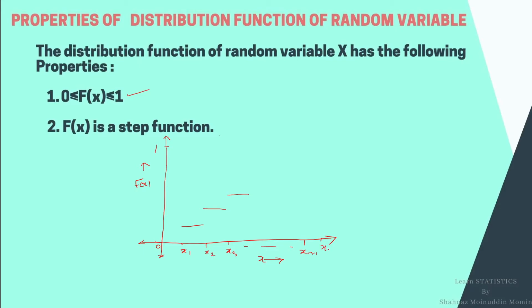At xn it is 1. If we plot the graph of CDF, then we get a graph which looks like a step function, like steps. So it is known as CDF is a step function. This is the second property.